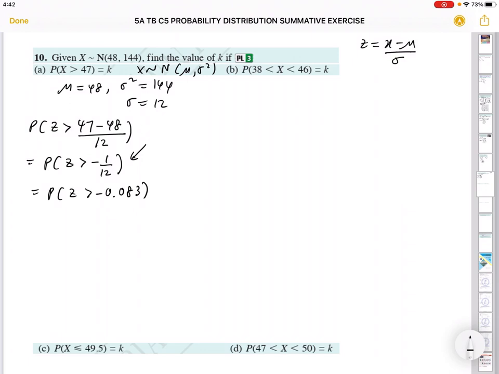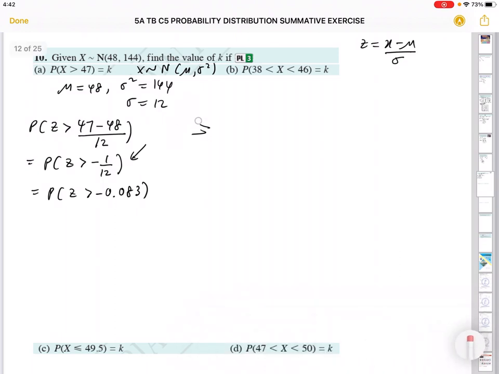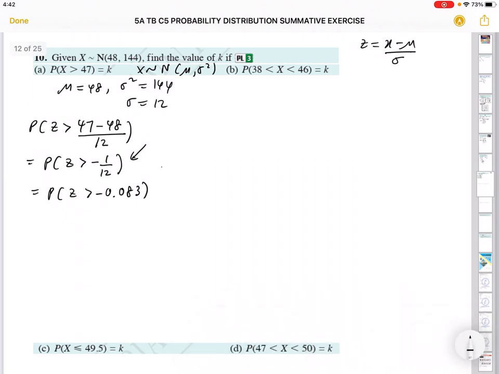By the way, let me do a sketch for you. This is on the left-hand side. I like to use 3 decimal places because your mathematical table can read up to 3 decimal places. So I draw it here. You can see this is on the left, negative 0.083.